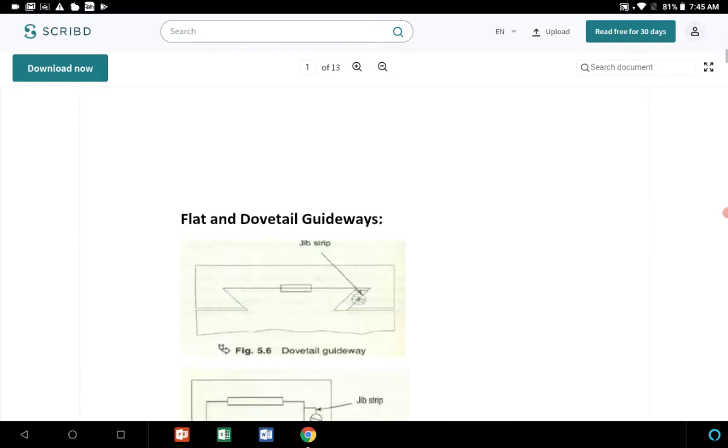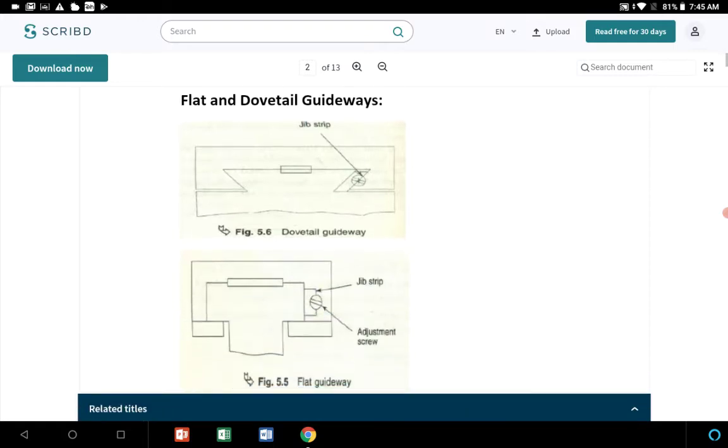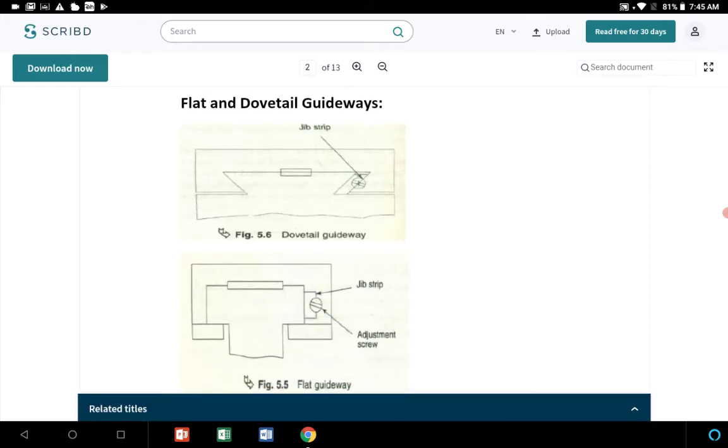Accordingly, you can see the flat and dovetail guideways.